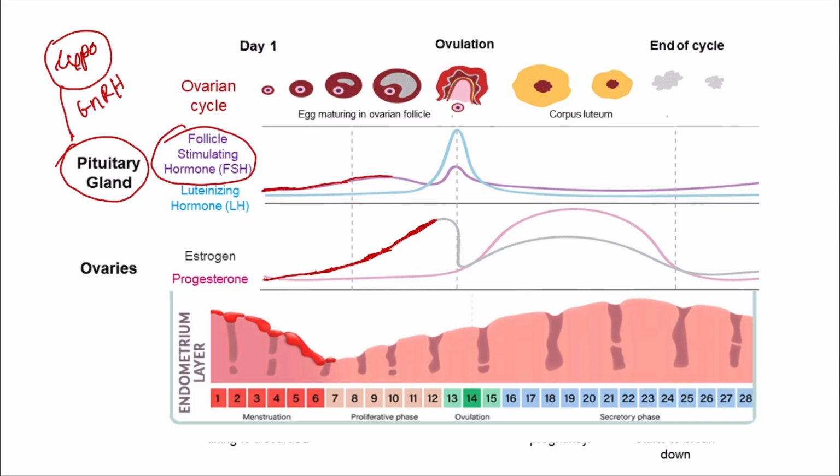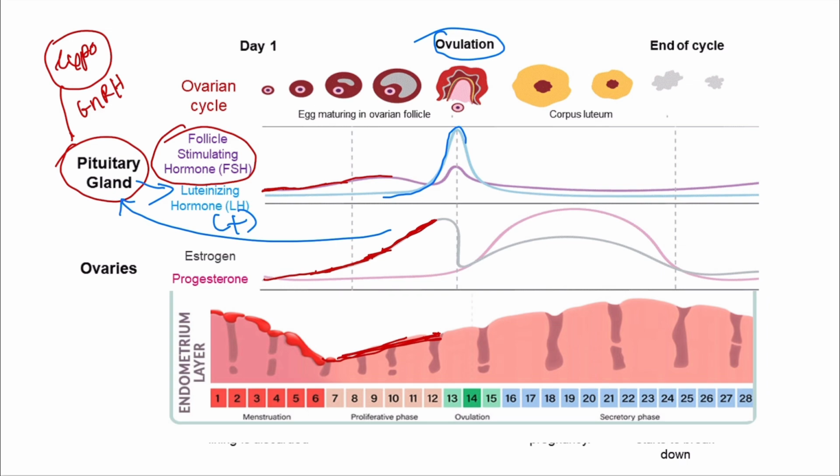Here is the start, the endometrium starts to thicken. After that, estrogen gives positive feedback to the pituitary gland to release more LH. That's why, the nearer to ovulation day, the LH increases significantly, because of the positive feedback of estrogen.